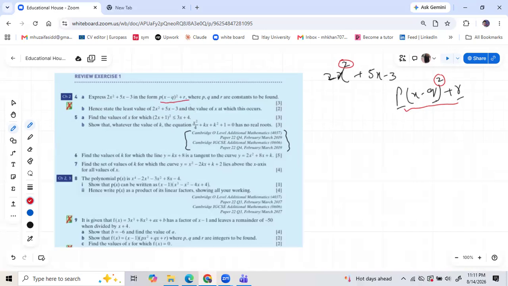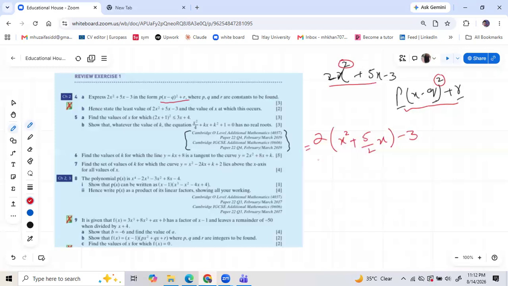Okay. So from here, if we take 2 as common, so this is 2 as common, and x square plus 5 over 2 of x minus 3.